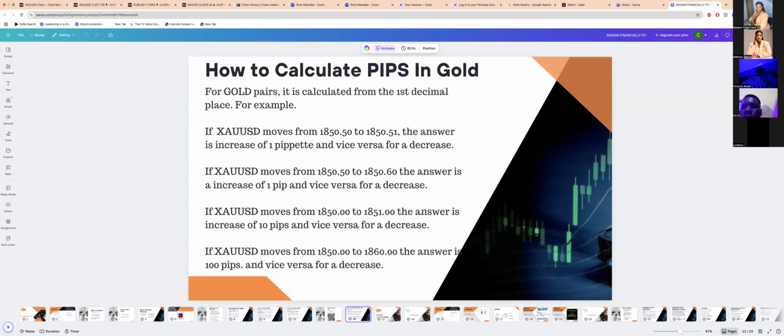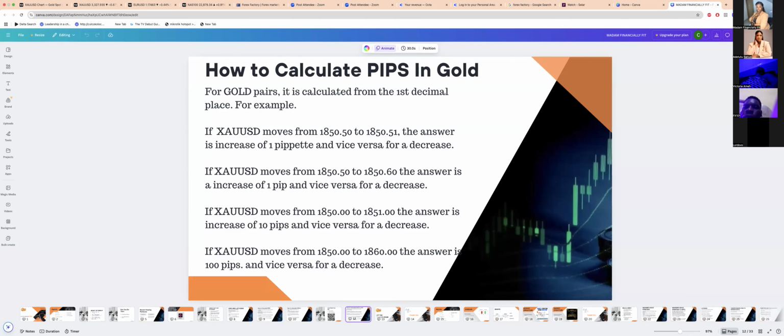So you see, if it moves from 1850 to 1851, that's already 10 pips. That's the difference between XAU and other pairs. What you will see as 1 pip for other pairs is already 10 pips for gold. So the point is standing as a 0.